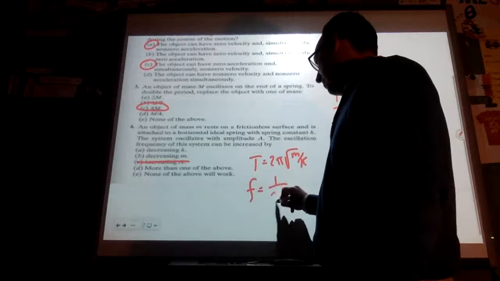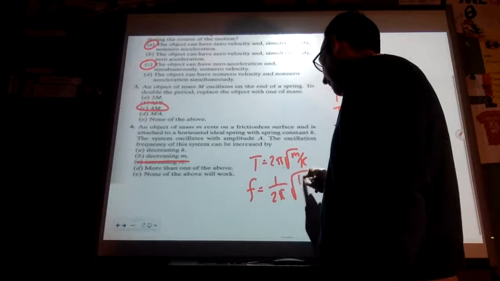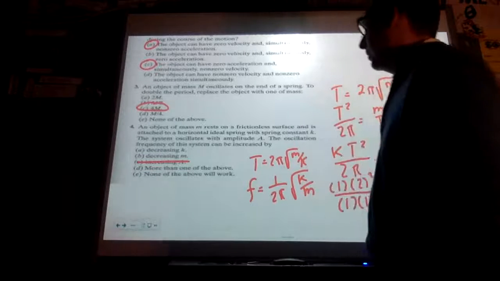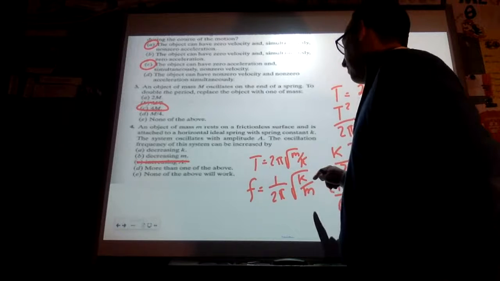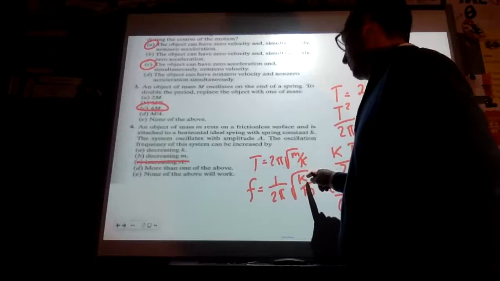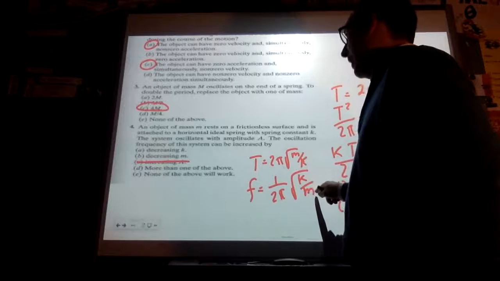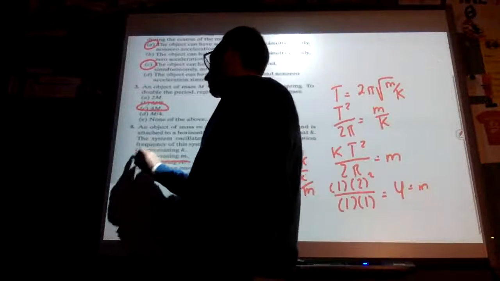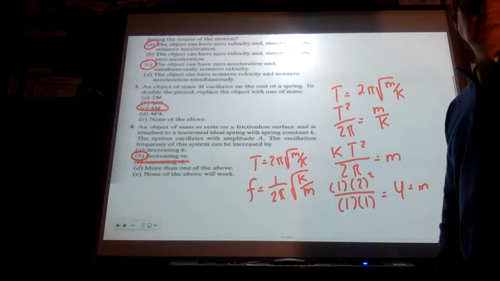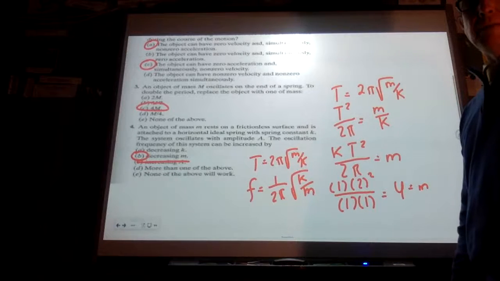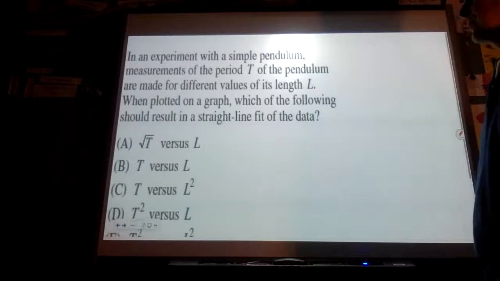So f is going to be 1 over 2 pi square root of k over m. So if I want this to be bigger, I want k to be bigger, or I want m to be smaller, because making the bottom of your fraction smaller would do that. And hopefully you can read these off the paper. Remember, these are in the notes.